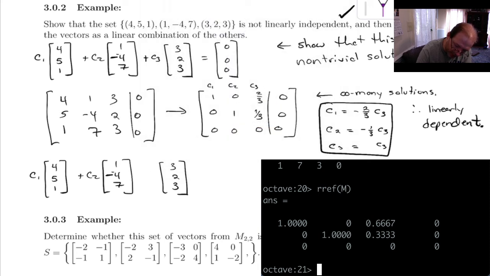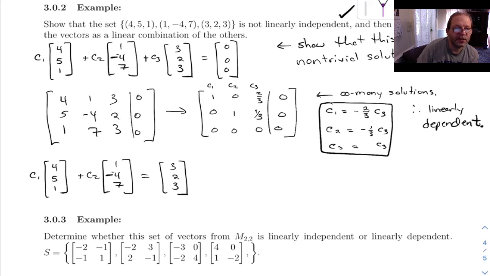I'm going to set this third vector as a linear combination of the first two. So I'm going to set that up, and then that's going to give me this matrix.